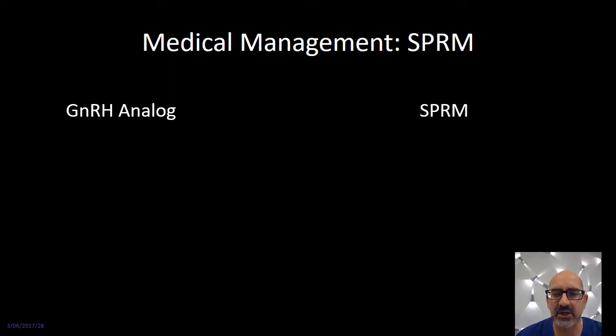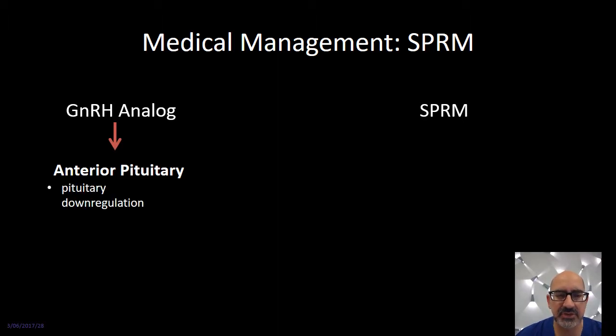Comparing GnRH analogs with selective progesterone receptor modulators, GnRH analogs work on the anterior pituitary and cause pituitary downregulation by causing a hypogonadotrophic hypogonadic state.